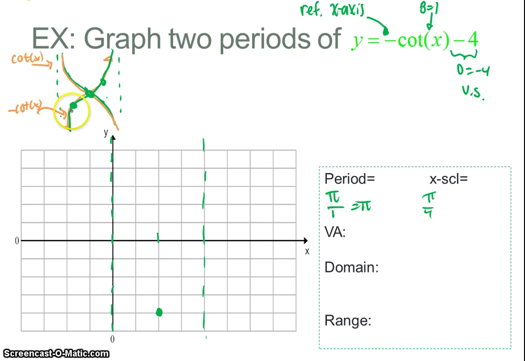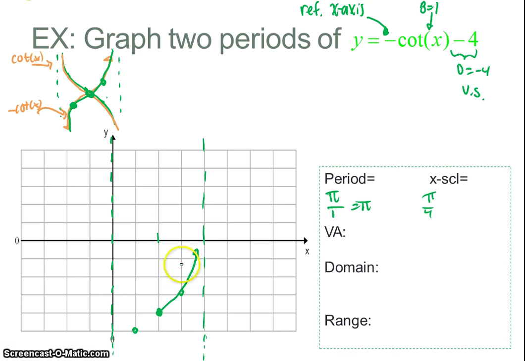A negative cotangent shape: from the middle, you go left 1 box and down the amplitude. So I'm going to go left 1 box and down the amplitude of 1, and then likewise I'm going to go right and up 1. So this is the shape of a negative cotangent function.